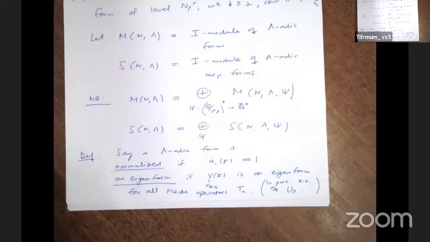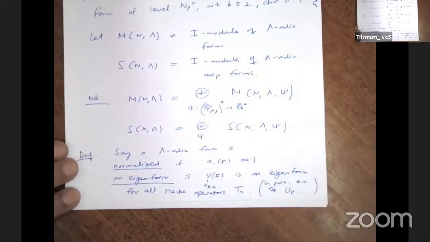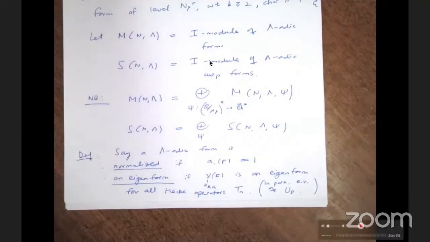So in the formula, you leave out one of the coset representatives. Okay, so more precisely, it is for the U_p operator. Can I flip the page? Yeah, you can. Okay, great.